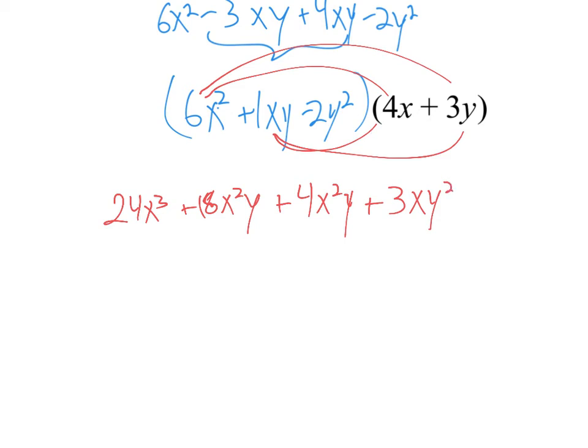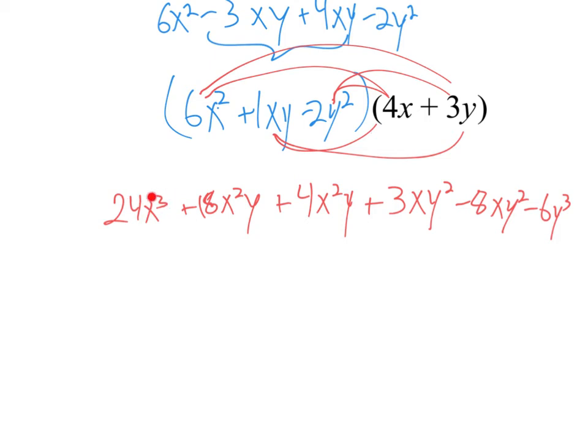And now we'll do the same thing with this negative 2y squared. Negative 2y squared times 4x is a negative 8xy squared. And then negative 2y squared times a positive 3y would be a negative 6y to the third. So now here's what we're going to do: we're going to rewrite this thing in standard form.